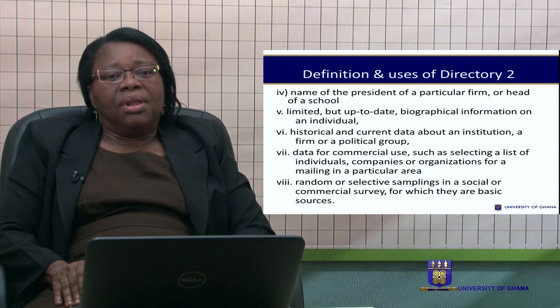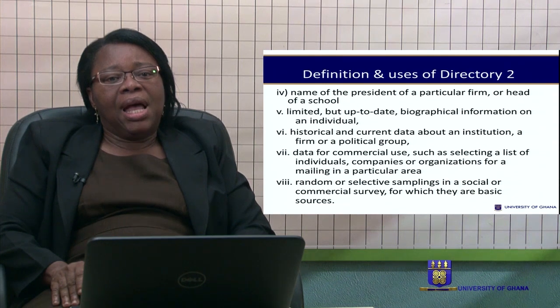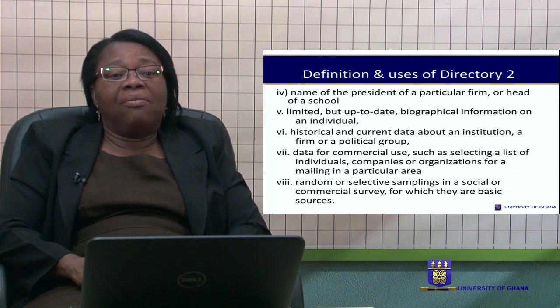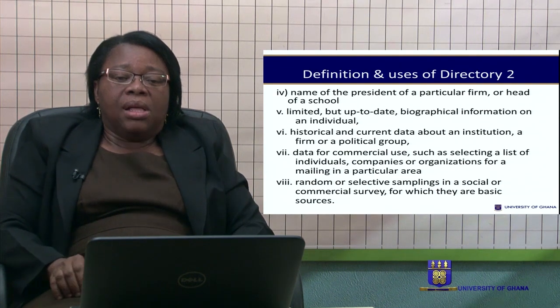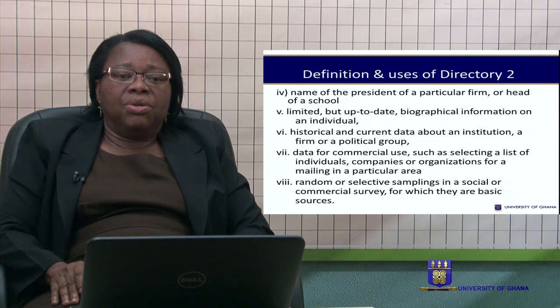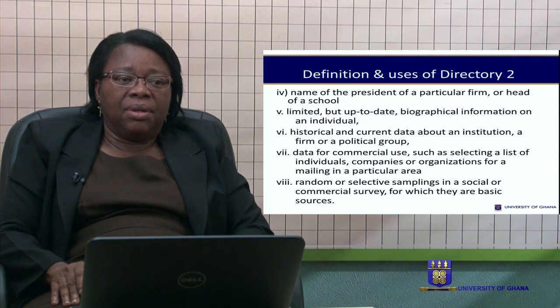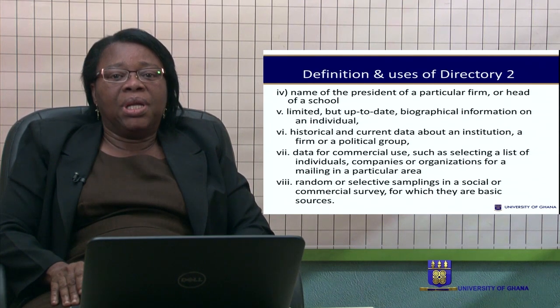Also, directories have served a very useful purpose, especially for those carrying out surveys and in having a random or selective sampling size. Some organizations use directories to send samples of their products to a particular location. How would they get those people in the location?